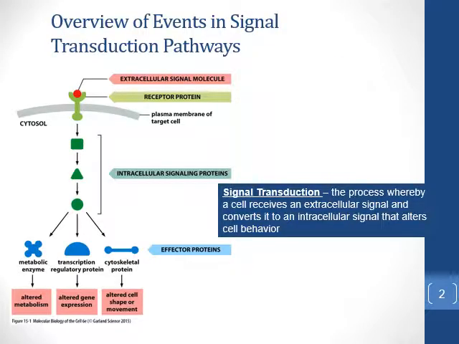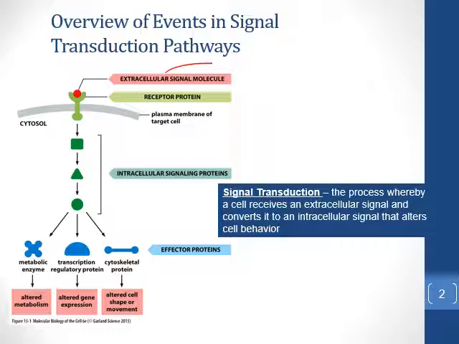So let's just kind of look at the way this is going to work overall. You're going to have some sort of signaling molecule. So here's our signal. It's going to be some sort of extracellular signal coming from the outside. On the cell, you're going to have some sort of receptor that receives that signal. Now, in this case, you can see the receptors on the plasma membrane. That may or may not be the case. We'll see.